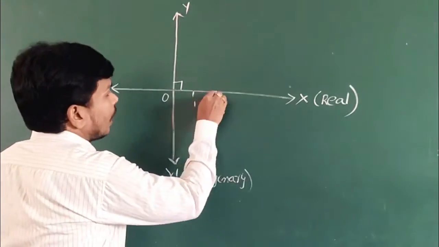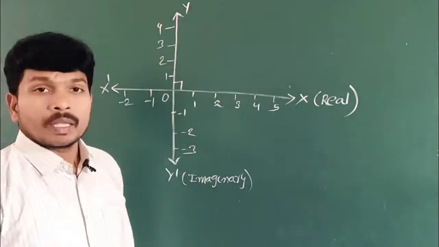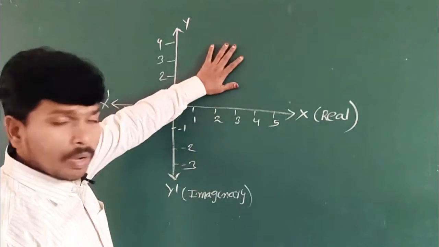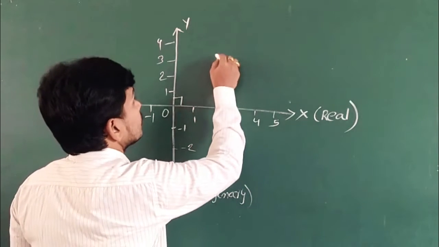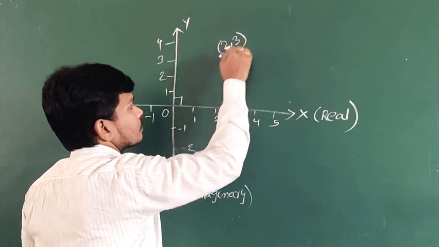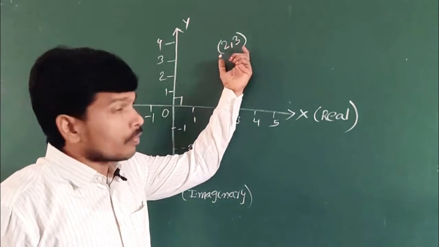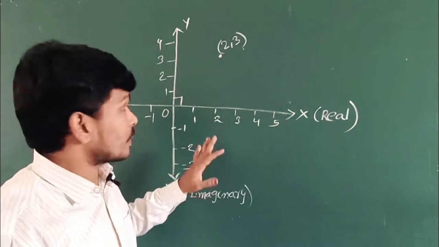Okay, let's see. 0, 1, 2, 3, 4, 5, minus 1, minus 2 on the x-axis. The y-axis is 1, 2, 3, 4, minus 1, minus 2. Suppose I plot one point on this Argand plane: 2, 3. What is the meaning of the point 2, 3 in the Argand plane?